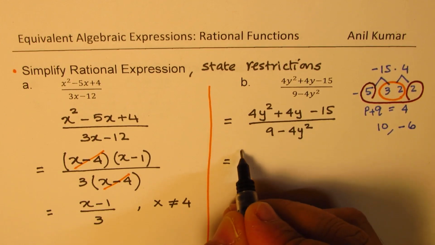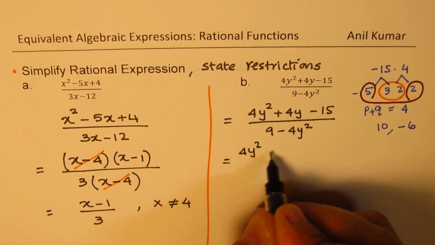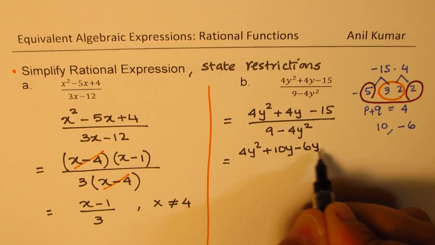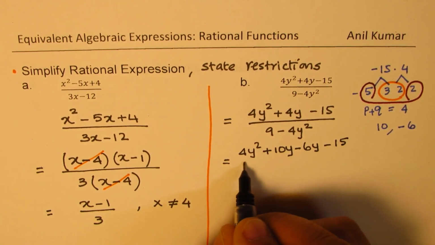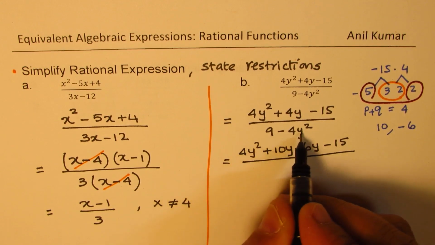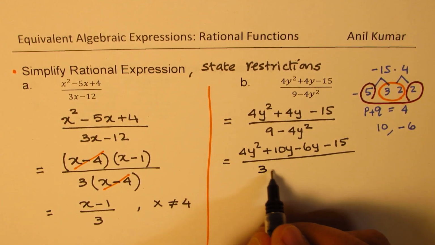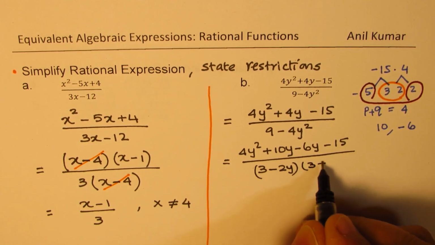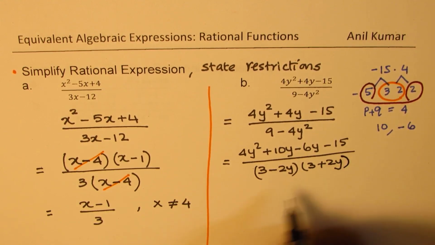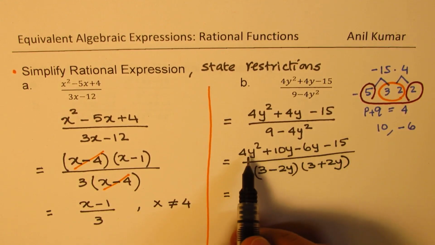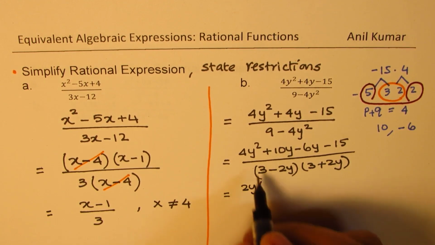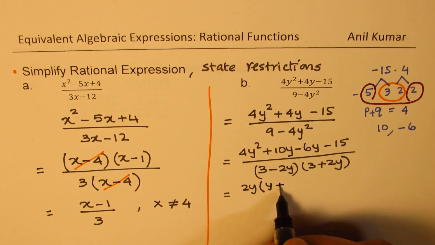So these are the two numbers which can help us decompose 4y and then get the result. So we can write this as 4y squared plus 10y minus 6y minus 15 over. Now this portion is a difference of squares, and I could always write this as 3 minus 2y times 3 plus 2y. Now in the numerator, the first two terms, we can take 2y common and we get y plus 5.